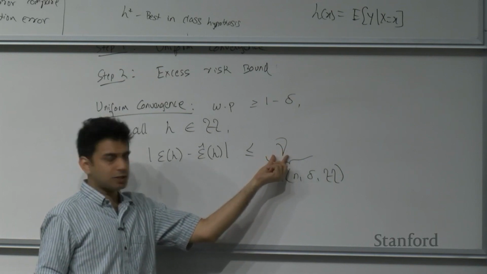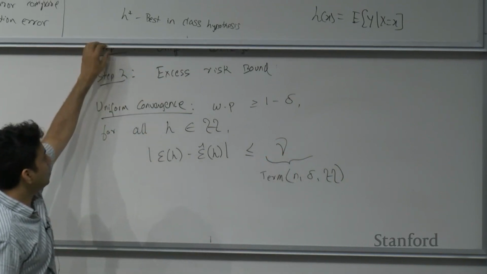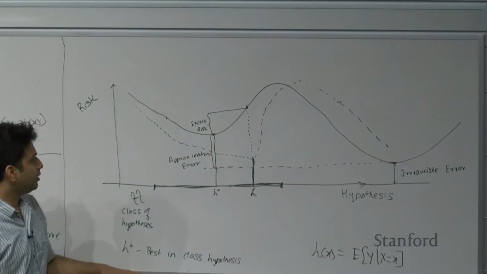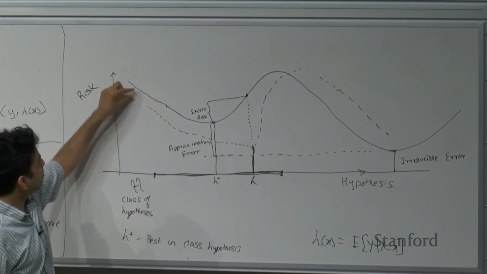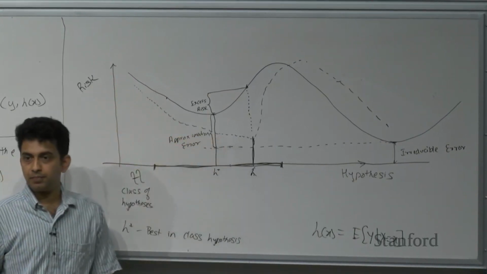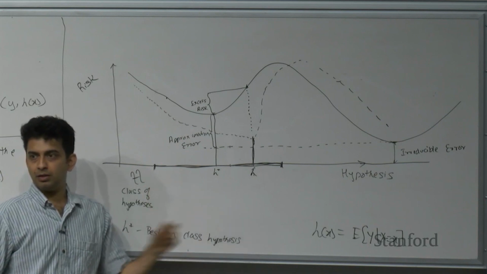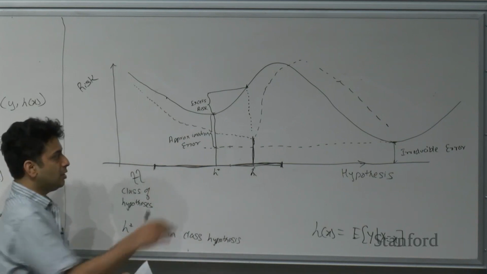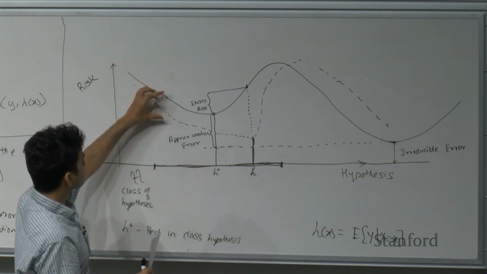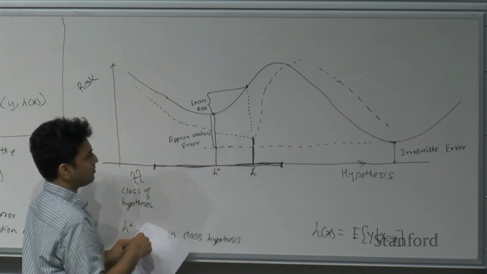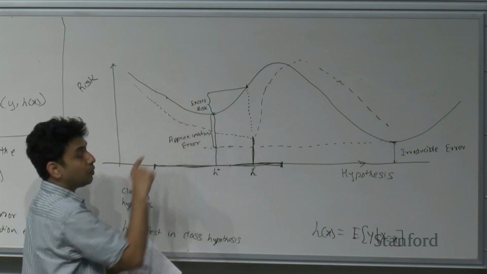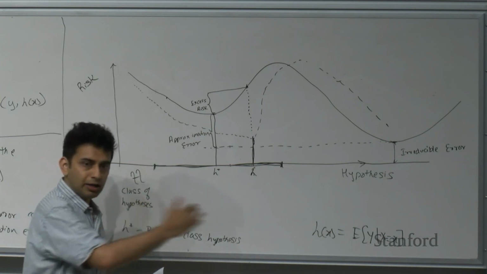Think of gamma as a margin, such that with probability, say, 99%, the gap between the true risk and the empirical risk is going to be less than gamma, which means that with 99% probability, for any given h, the gap between the true risk and the empirical risk is less than gamma for all h.